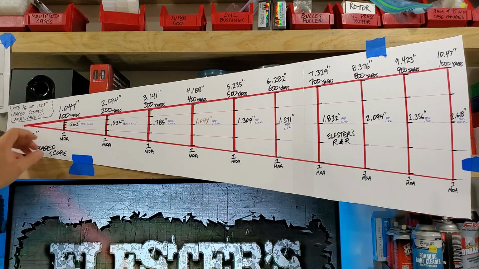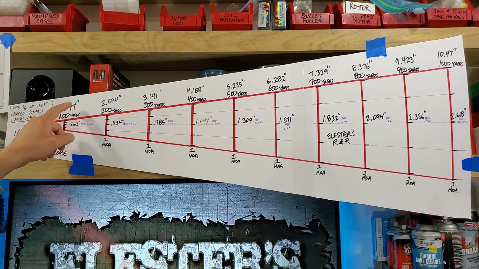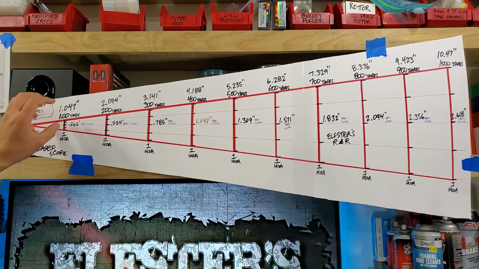Like I said before, 1 minute of angle at 100 yards is 1.047 inches. Well, if you shoot a 5-shot group at 100 yards and all 5 shots fit in a circle of 1 inch, in theory, you are sub-MOA.